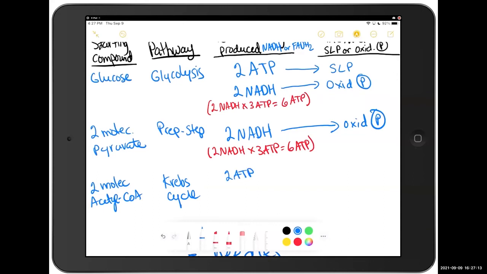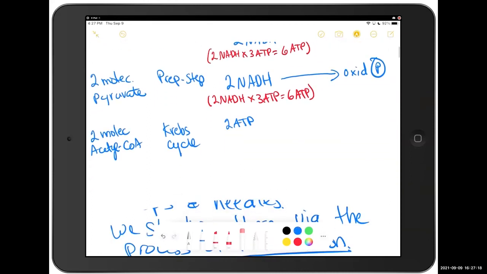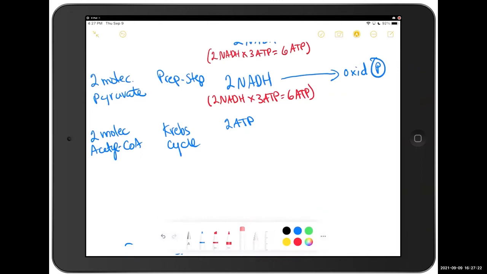Okay. Did we generate any reduced coenzymes? Yes. We generated 6 NADH and 2 FADH2. 6 NADH times 3 ATP equals 18 ATP.